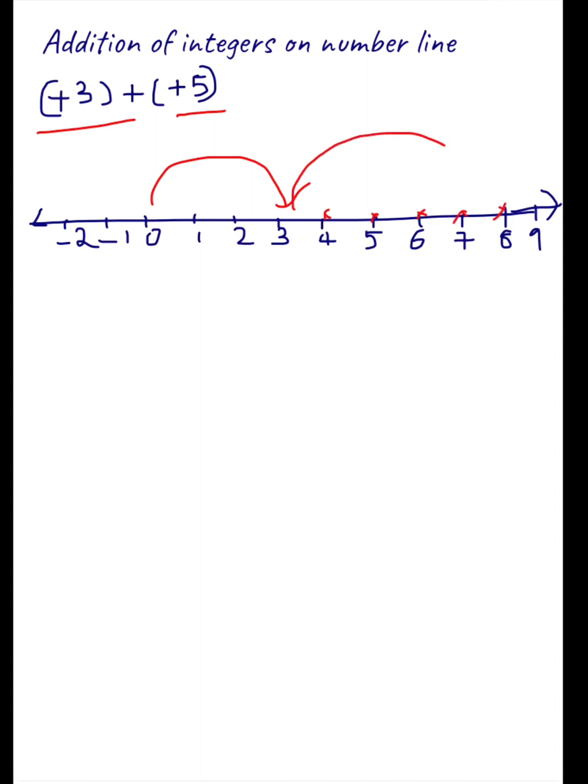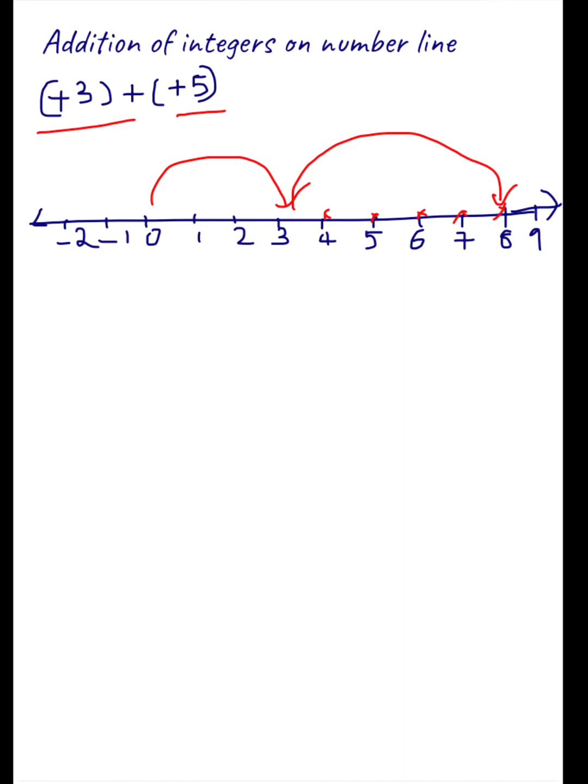From 3 you have to move, not from 0. To which side? To the right side. Why are you moving to the right side? Because the integer that you are adding is positive. How many steps? 5 steps, not from 0 but from plus 3.